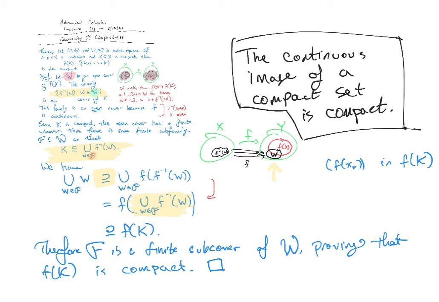I think this might be a lot easier if we use sequential compactness. So we'd have to use sequential compactness, what we know about continuity and limits, and that would work.